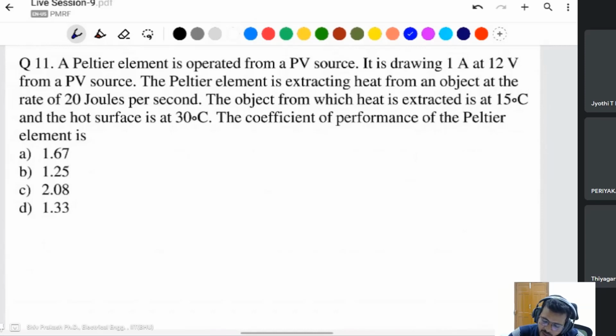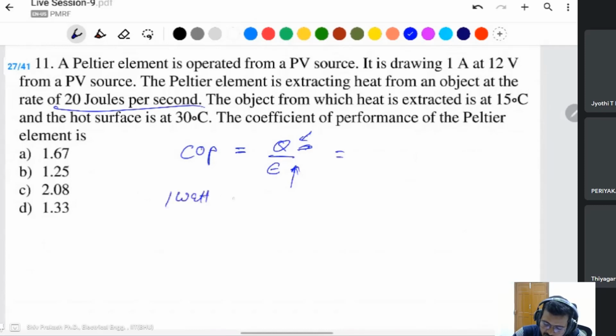Then the coefficient of performance of the Peltier element is? All of you know about this, it is Q by E. This is the heat transfer, and this one is the electrical power supply.